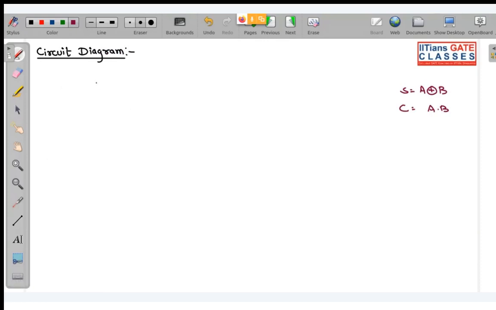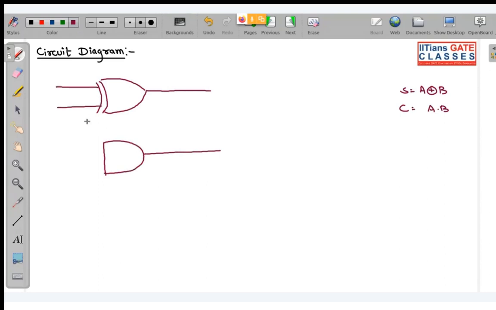So if I draw the circuit diagram very quickly, this is the sum, which is A XOR B, and this is an AND gate, so this is A dot B. So this is the circuit diagram of your half adder.